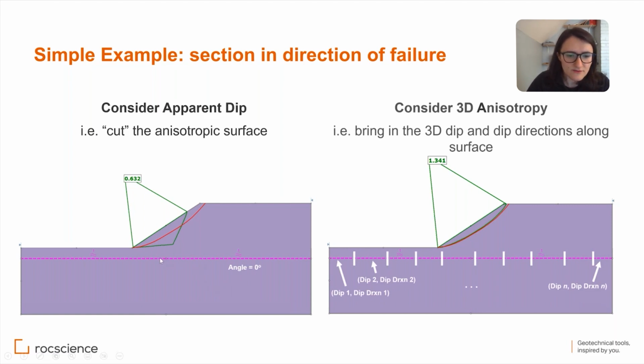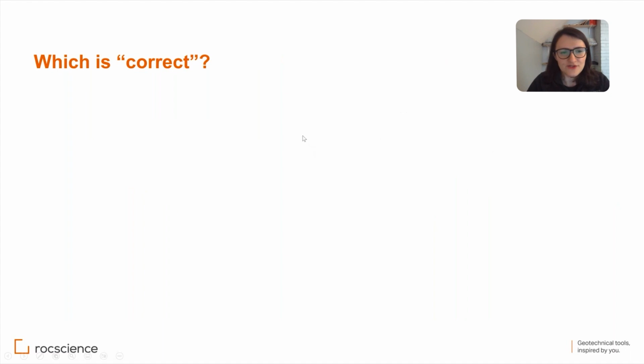On the left, the angle is just 0 degrees of anisotropy. On the right, we're actually bringing in the 3D orientations along this segment. So for example, we have the dip and dip direction on this chunk, the dip and dip direction on this chunk, and so on. So these are the two options we're giving the user when exporting anisotropy from Slide3 to Slide2.